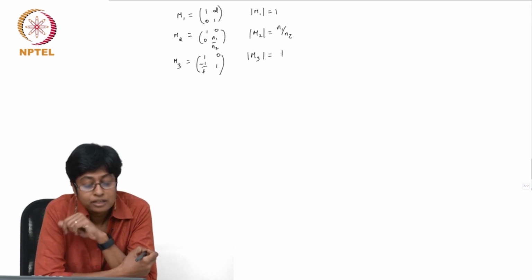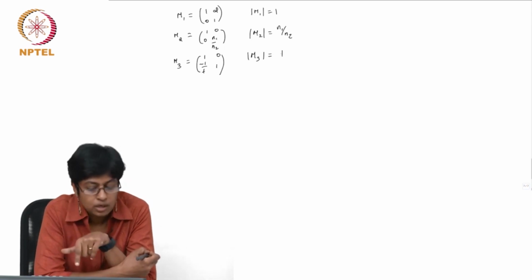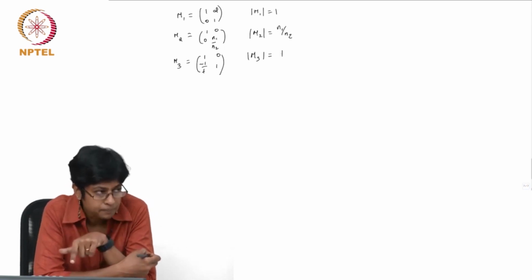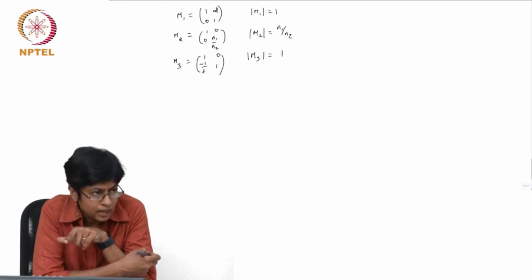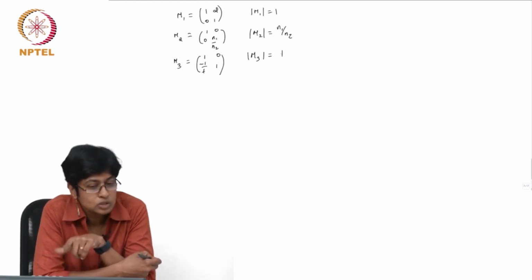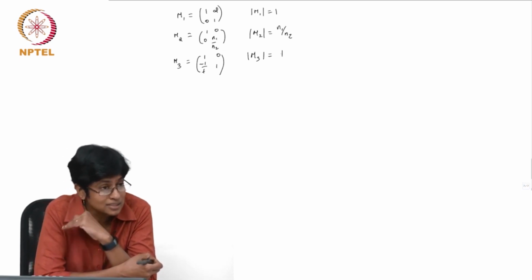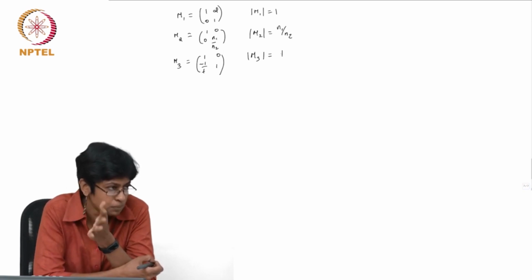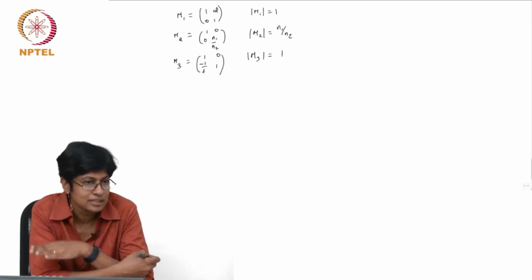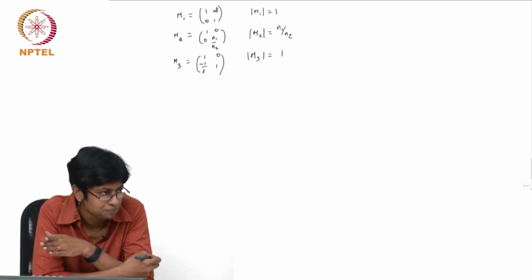Okay, and if you go back to these derivations, wherever you had the determinant 1, we actually got that determinant because we made the assumption that the refractive index in the starting space, in the object space, and the refractive index in the image space were the same.